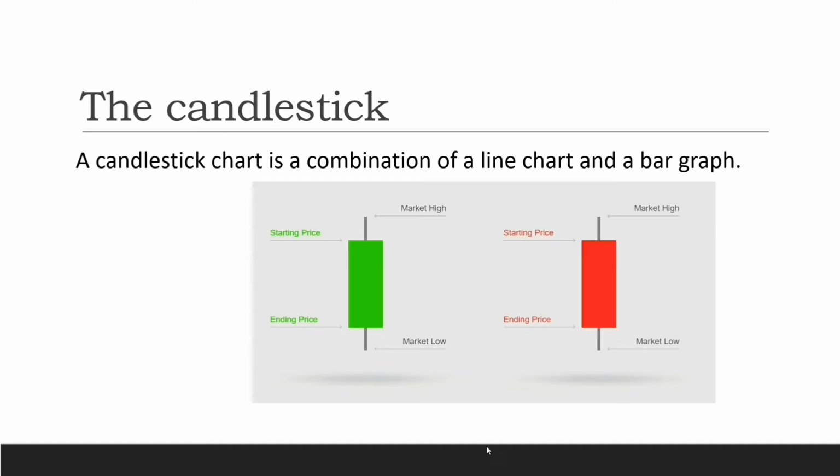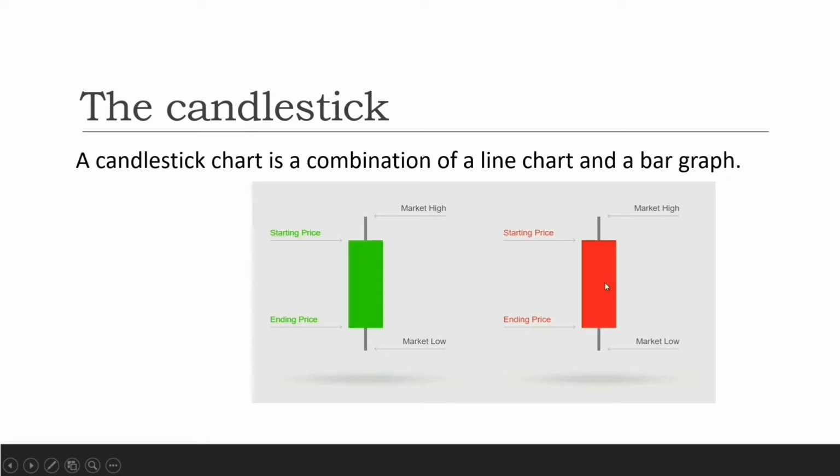So we can see, similar to the bar chart, we had the opening, the high, and the close. And in this one you can see the starting price. If you look at the green candle, we have the starting price, we have the market high, the market low, and the closing price. So these are the two types of candlestick that you mostly see, which is the green and the red.